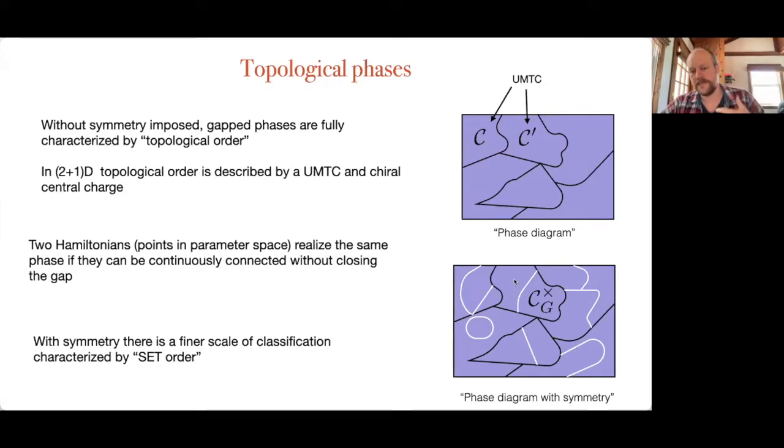And then there's a finer grain classification which tells you about how that symmetry is realized within that phase. And we label the resulting algebraic description or low energy effective theory by something called a G-crossed braided tensor category. And again, I'll give you much more detail about what that is in just a little bit. Okay, and we'll refer to those as symmetry enriched topological orders if we're just thinking about bosons, or fermionic symmetry enriched topological orders if we're thinking about fermions.